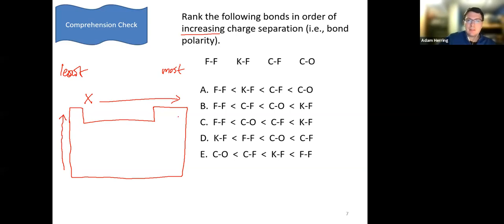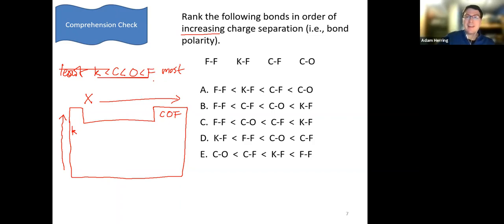So if we place these elements in their relative locations, we have fluorine, carbon, oxygen, and then potassium. And so if we were to rank the elements in terms of electronegativity, then the potassium is the least electronegative, followed by carbon, then oxygen, then fluorine.